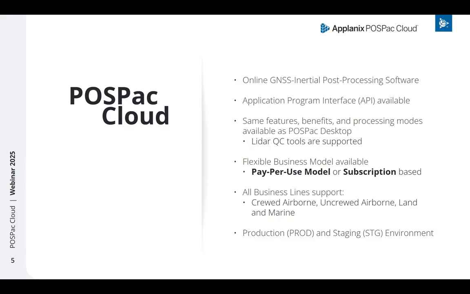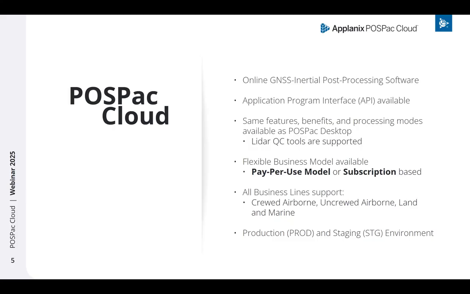POSPac Cloud is hosted in two environments. That is the production environment and the staging environment. The production environment is the live, fully operational environment used for the day-to-day data processing. It handles all real-world workloads and supports end users in delivering final outputs. Changes to this environment are carefully managed to ensure stability, reliability, and consistent performance.